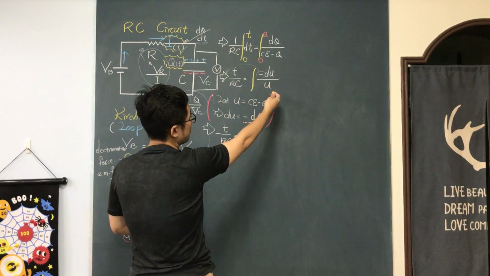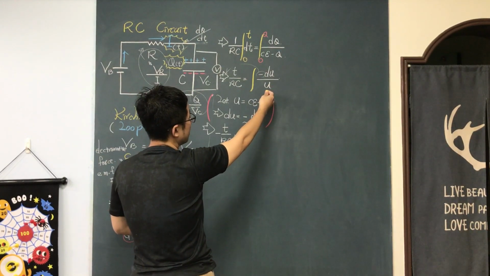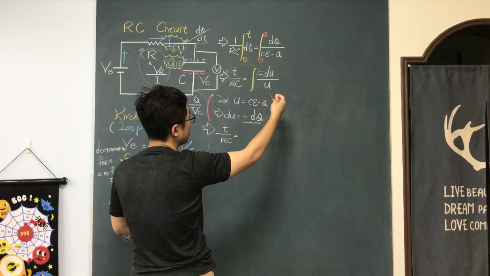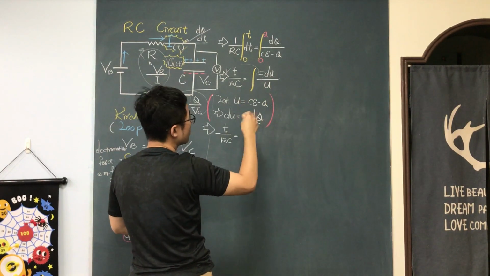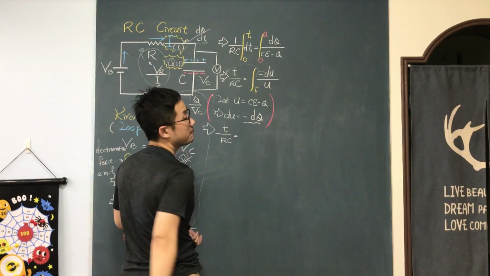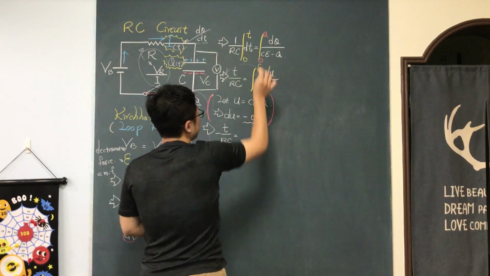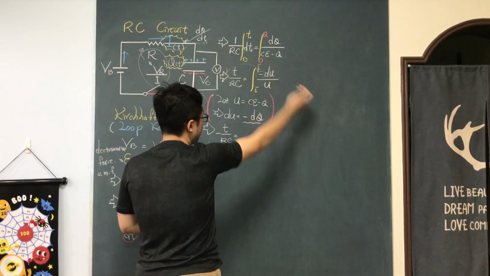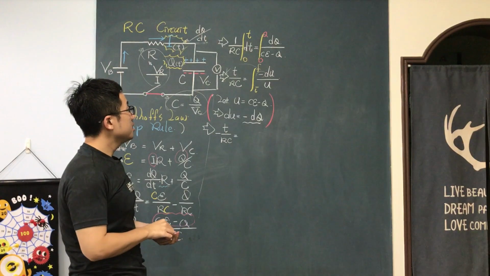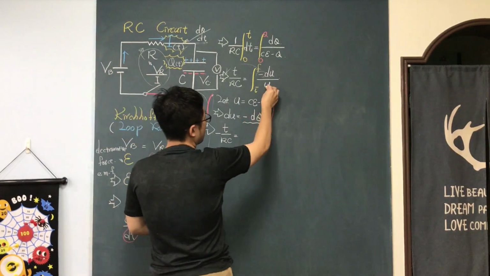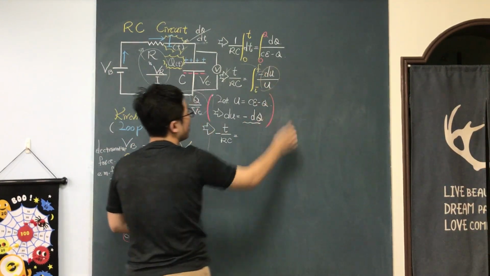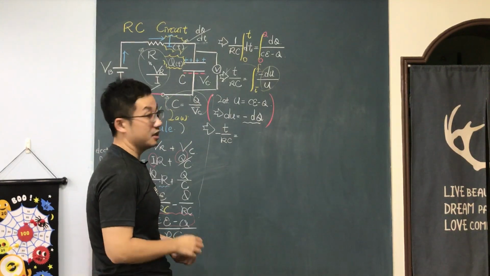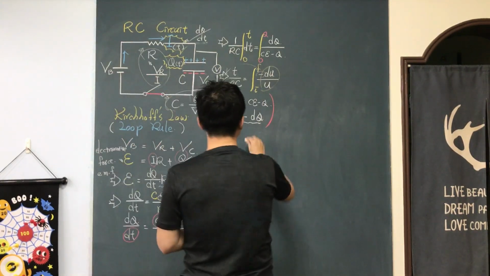Since now I do the U-Substitution, I'll just write the limits as an initial value to a final value. That doesn't matter. If I do this integral, this is basically a natural log.